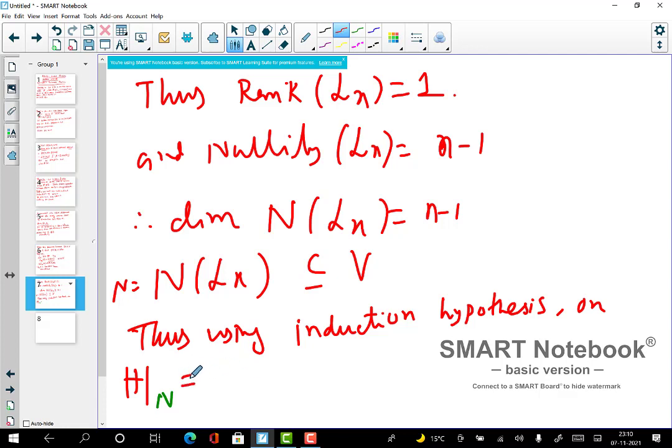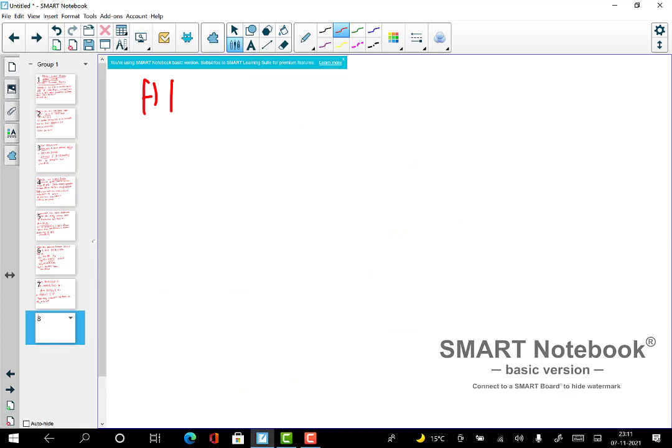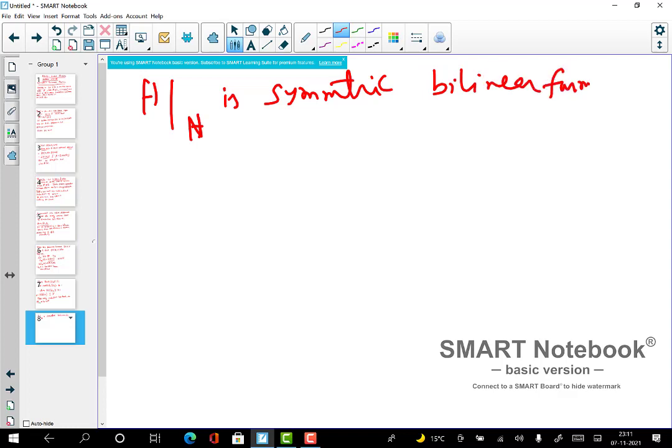So this map is from N to F. You are restricting h on N. Obviously this restriction is a symmetric bilinear form on N, because the restriction of a symmetric form is symmetric, and the dimension of N is less than the dimension of V, right?